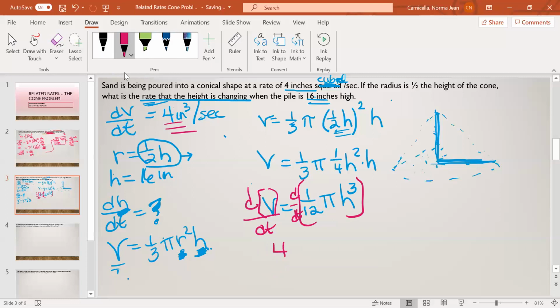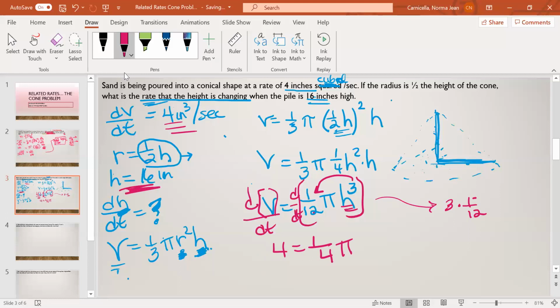So it'll be 4 is equal to, and I'll do this on the side here. You're going to take 3 times its 12th, and that's just going to give you 1/4 pi. And then we have our height. Well, it told us our height right here.